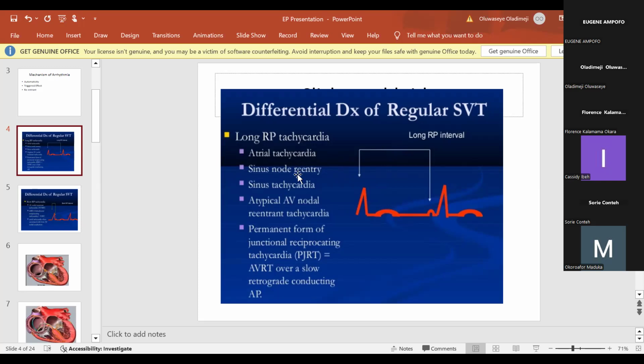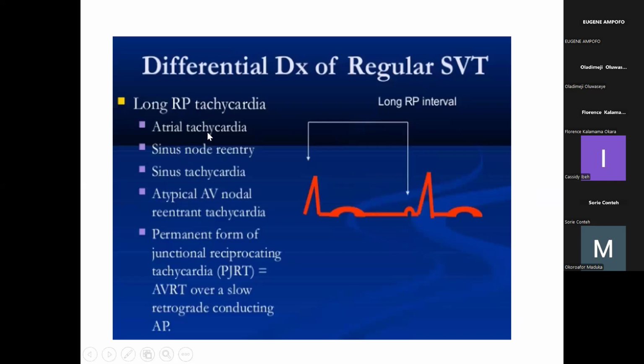Now, one important thing we should know is that these are the possible differentials that can happen in a long RP tachycardia. So it could be atrial tachycardia, SA node reentry tachycardia. Remember I said reentrant activity can happen even within the SA node or any other tissue. It could also be sinus tachycardia, AVNRT, or AVRT tachycardia. Okay.